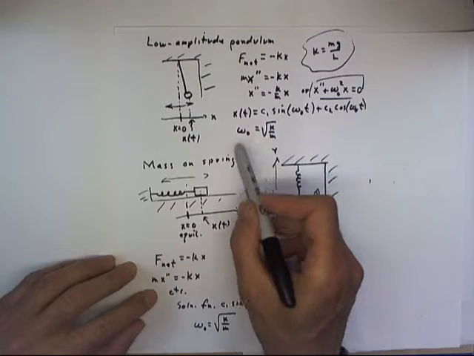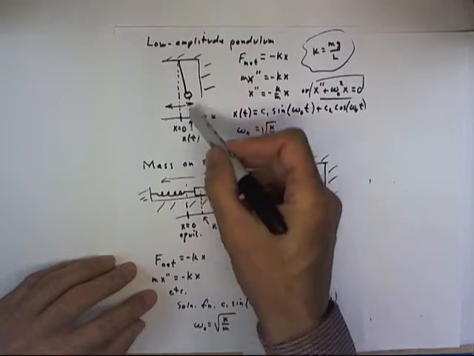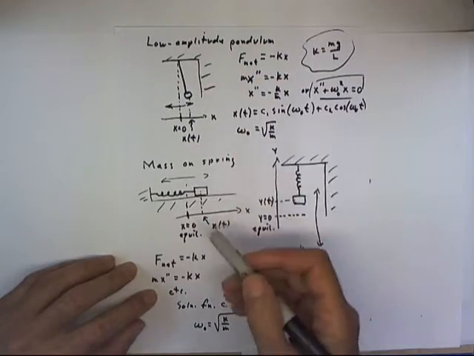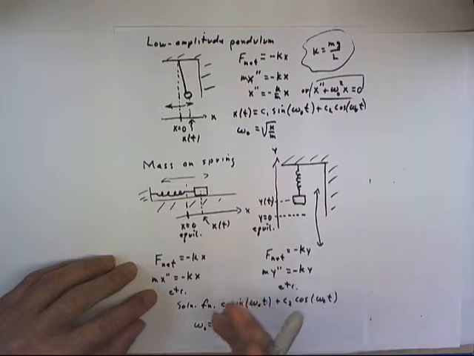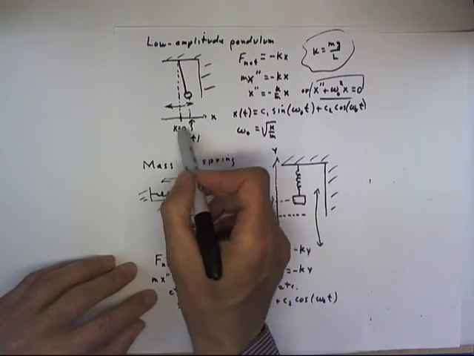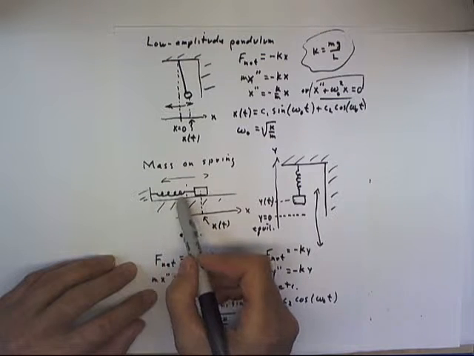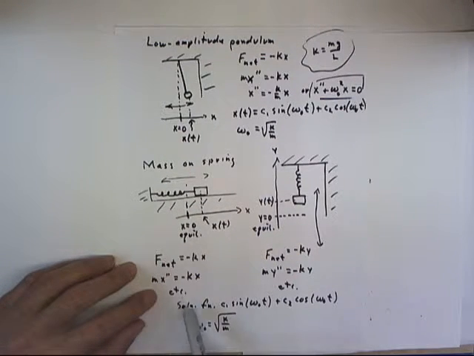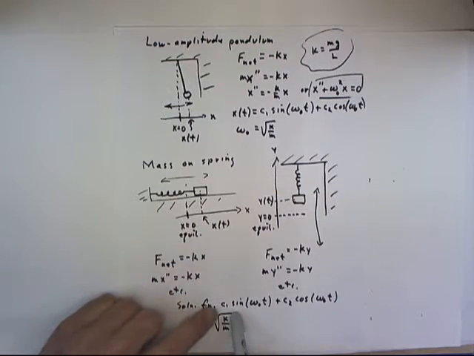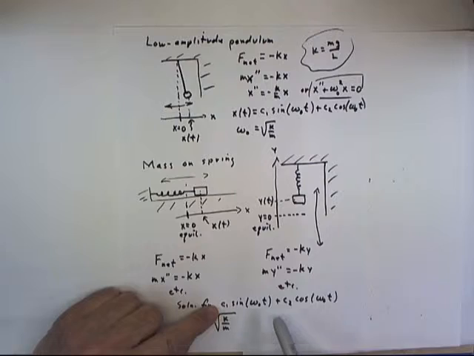Omega naught is going to be the square root of k over m. The only difference between this system and the pendulum is that there it's the way gravity and the tension of the string articulate that gives us the restoring force. Here it's the direct force exerted by the spring as a result of being stretched or compressed. In any case, we get a solution function of the identical form.